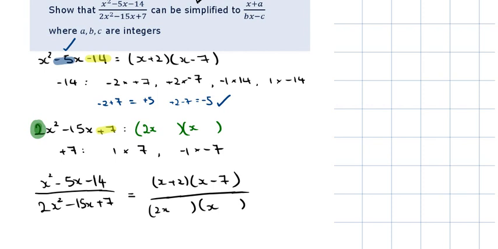Now, naturally, you would need to cancel out one of the terms to make it in the form of x plus a over bx minus c. I don't really know which term to cancel out, but I can guess. If this was x plus 2, then I can cancel out that. If this was x minus 7, then I can cancel out this one. I can never really cancel out the 2x term, because there's no 2x up there.